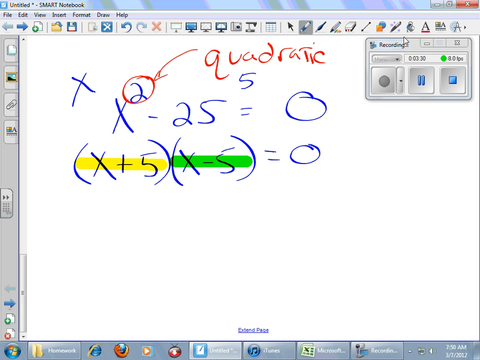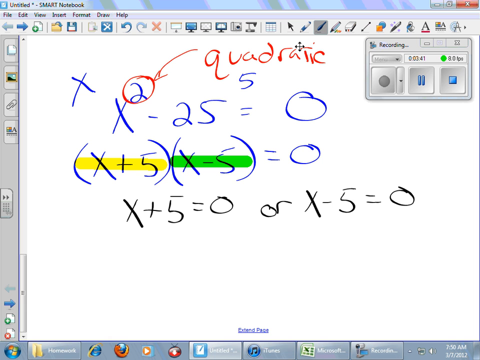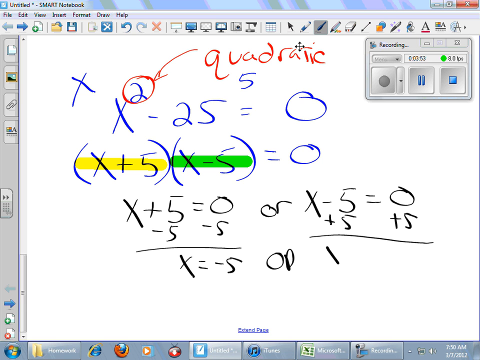One of them has to be 0. So the solution is either x plus 5 equals 0 or x minus 5 equals 0. Now you just solve for x in both cases. Subtract 5 from both sides and you get x equals negative 5, or add 5 to both sides and you get x equals 5.